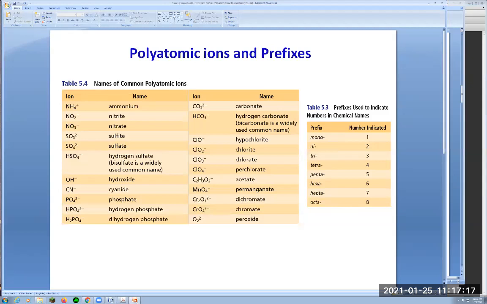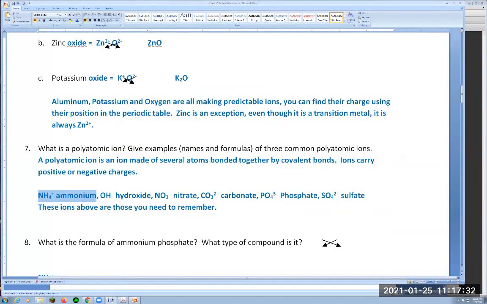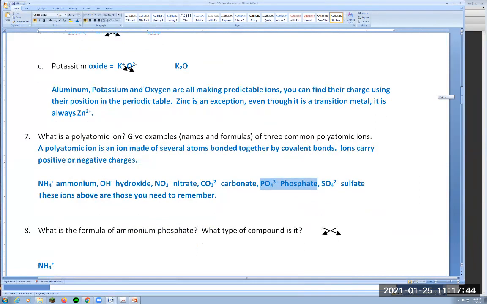The first listed in the upper left corner here is the only one with a positive charge. So it can form ionic compounds with other polyatomic ions or single anions because it's positive. And here we have ammonium with the phosphate. It's PO4 -3.